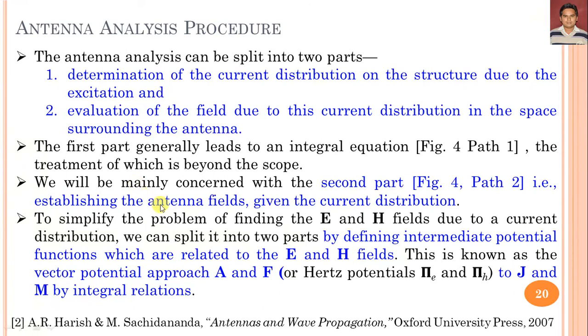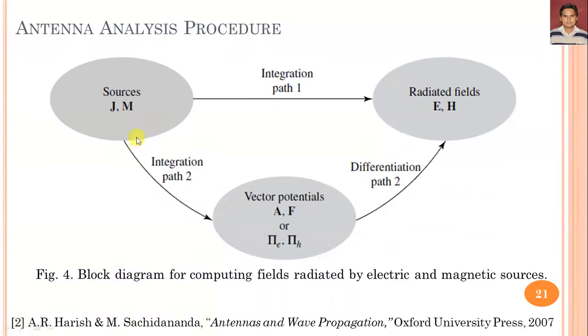So we mainly consider the second part, which is integration path 2, and after that differentiation path 2. These are the sources, and through them we first calculate the vector potential equations for the magnetic as well as the electric, that is, for J and for M we can calculate A and F. These phi E and phi H are called the Hertz vector potential functions.